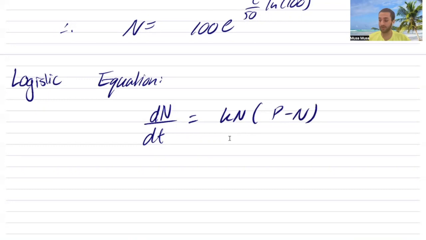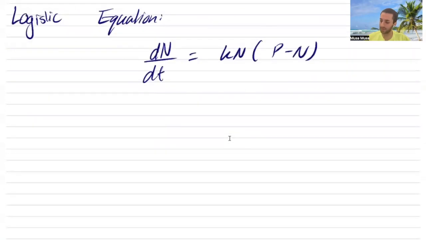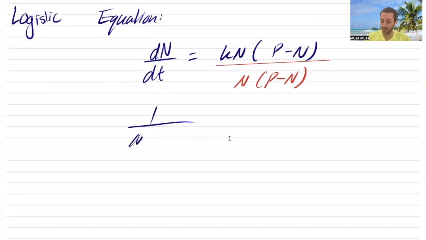Now, if you try and solve this, you're going to run into a bit of an issue because you have to divide both sides by N(P − N). Remember, P is just a constant, and this becomes 1 over N(P − N) dN/dt equals k.